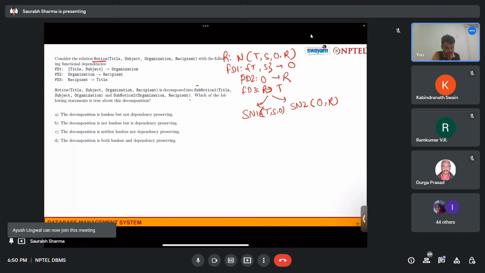So first, let us find the closure for each of these, SN1 and SN2, for each of the elements with the help of the given functional dependencies. So first is closure of.